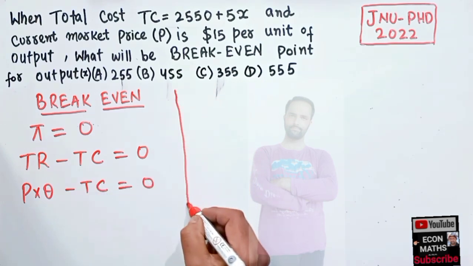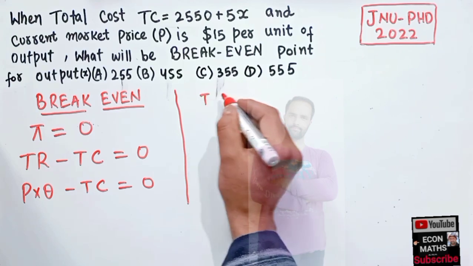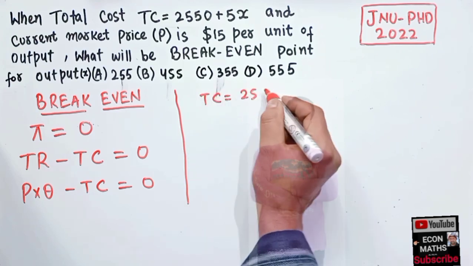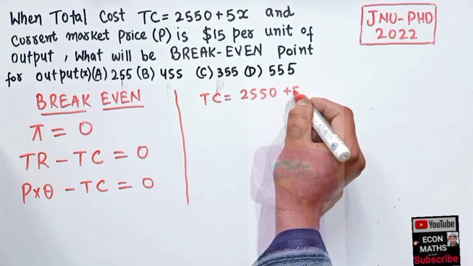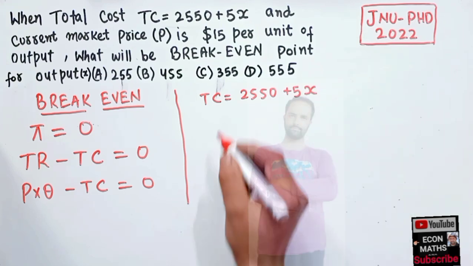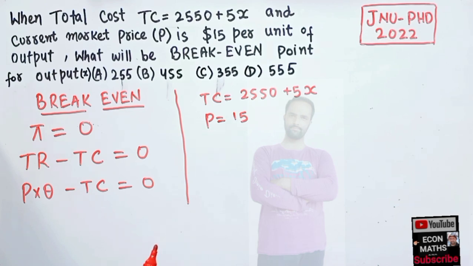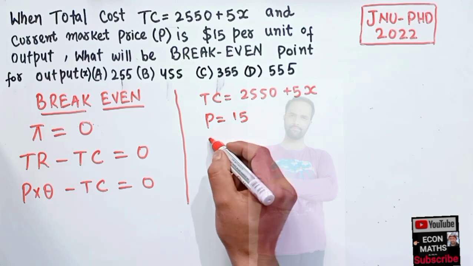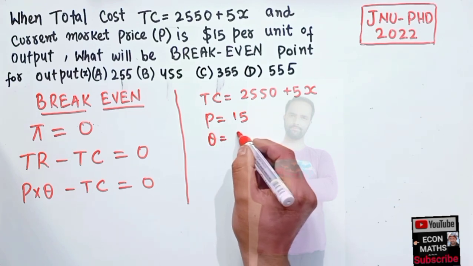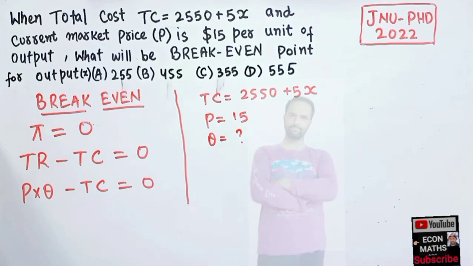Now let us see what we are being given. The total cost function is given as 2550 plus 5x. The price is given as 15. We need to find out the quantity. So just plug these values into this equation.